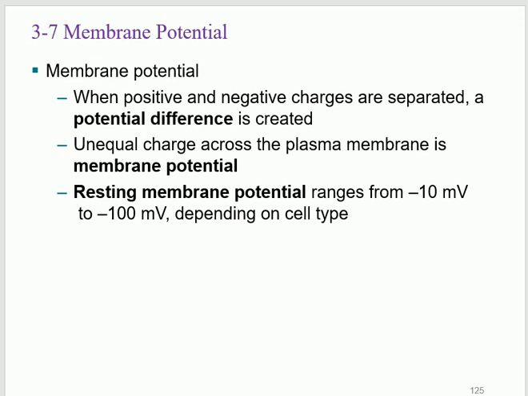They found out that overall, if I added all the positives and negatives inside, and outside I added all negatives and all positives together, it's not equal. They found that inside is negative compared to the outside. And we call that the membrane potential. And they found it out like this.